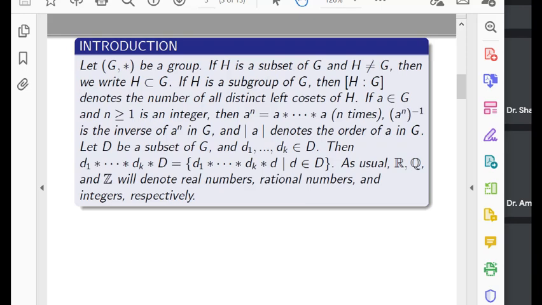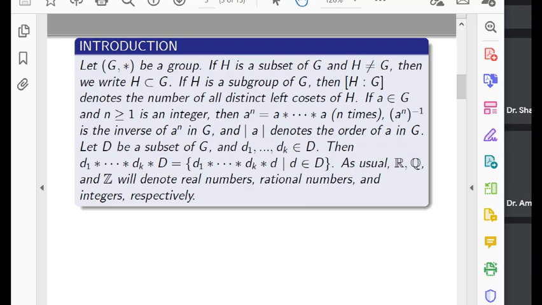So if the star is addition, then a to the n means a plus a plus a and so on. And a to the minus n is just the inverse of a to the n. And as usual, the absolute value of a means the order of the element in the group, the smallest positive integer n where a to the n equals the identity.